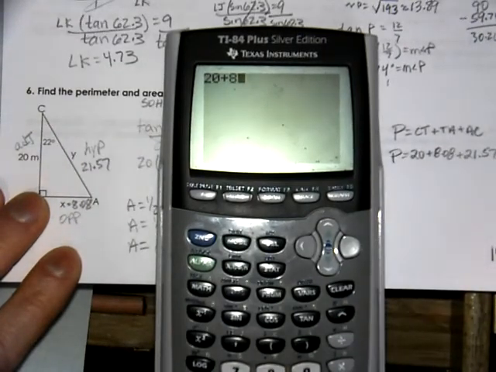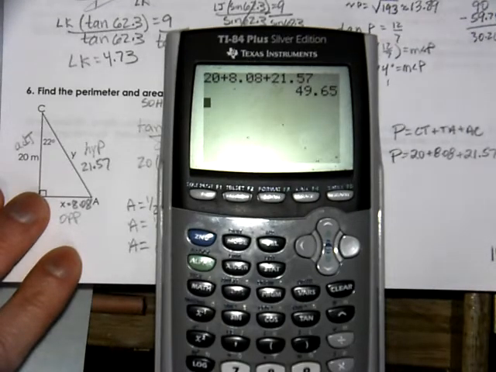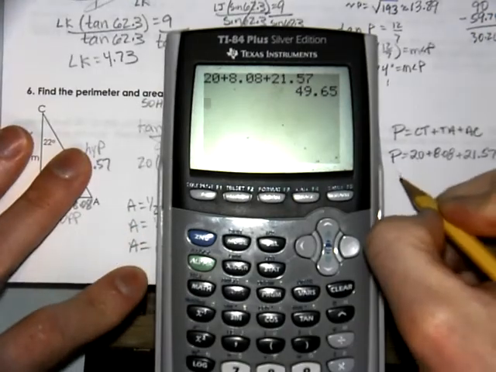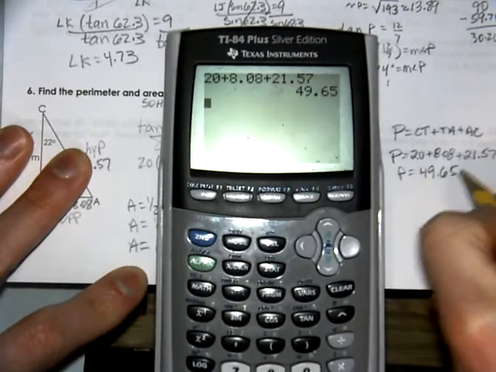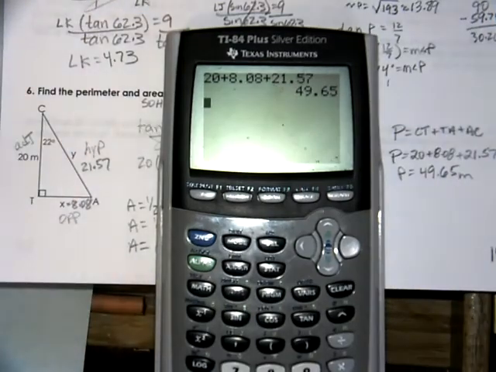So that comes out to have a perimeter of 49.67, and those are meters. Notice that that's not meters squared because we're not multiplying two meter values together.